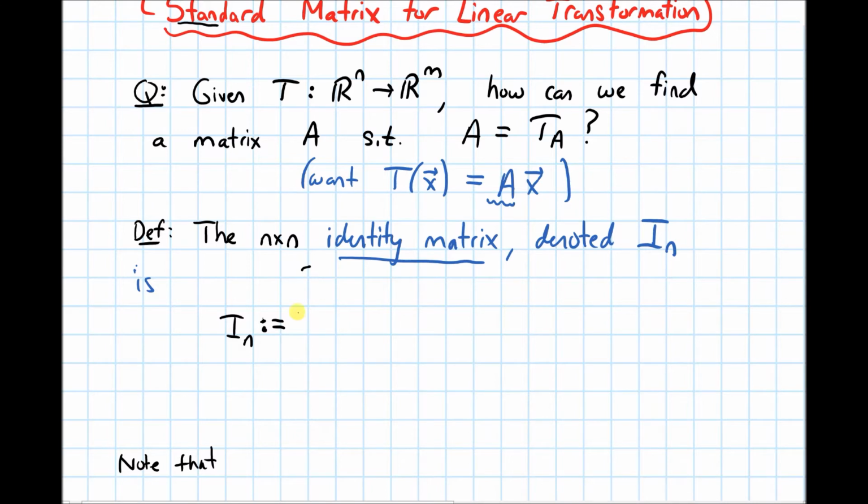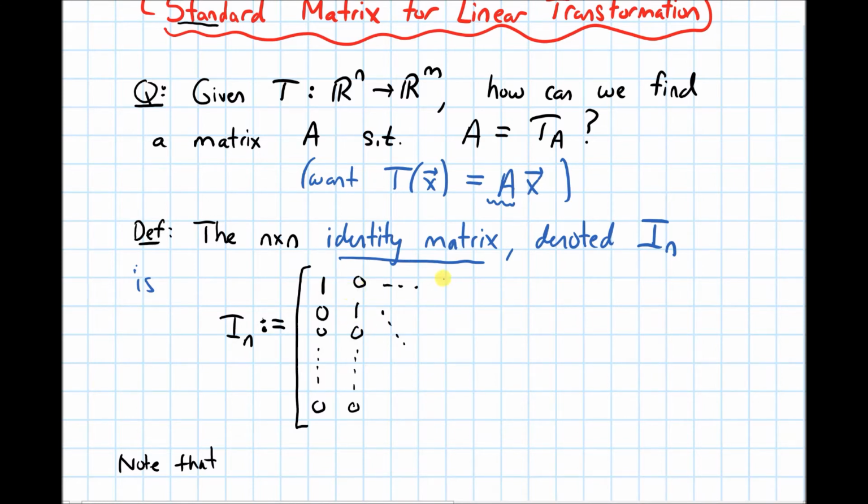The first column has a 1 at the top, and then everything underneath that is a 0. The next column has a 0 at the top, a 1 in the second spot, and then zeros below that. So what's happening here is we're forming a matrix that has 1s running along this diagonal and zeros everywhere else.